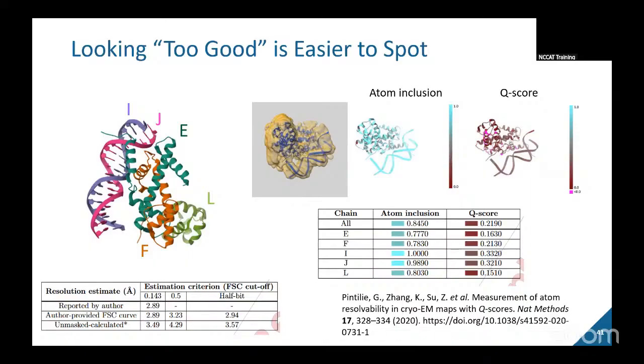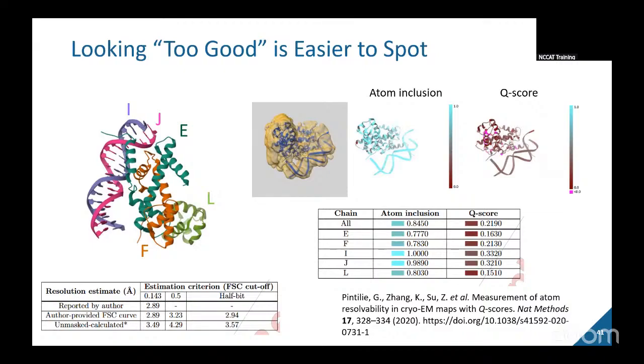You can see the reported resolution is too good at 2.8. The depositor did give us a curve to support the claim. If you look by atom inclusion, it looks fine, but when you examine the Q-scores it becomes immediately clear that this map lacks the level of detail that you would expect for the reported resolution. So Q-scores are making it easier to spot these kinds of too-good scenarios.